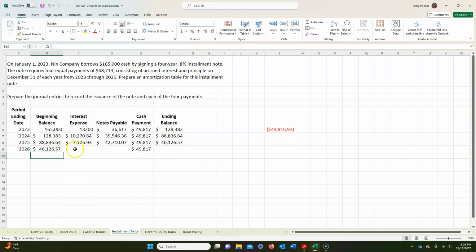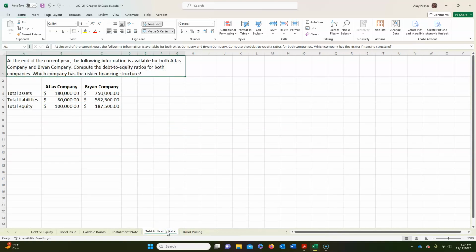These are the types of things treated as installment loans, where you have one payment that combines interest and principal. When we come out on this, we should be at 0. We're off 30 cents here because of rounding, but at the end of the payments, we should have a 0 amount.